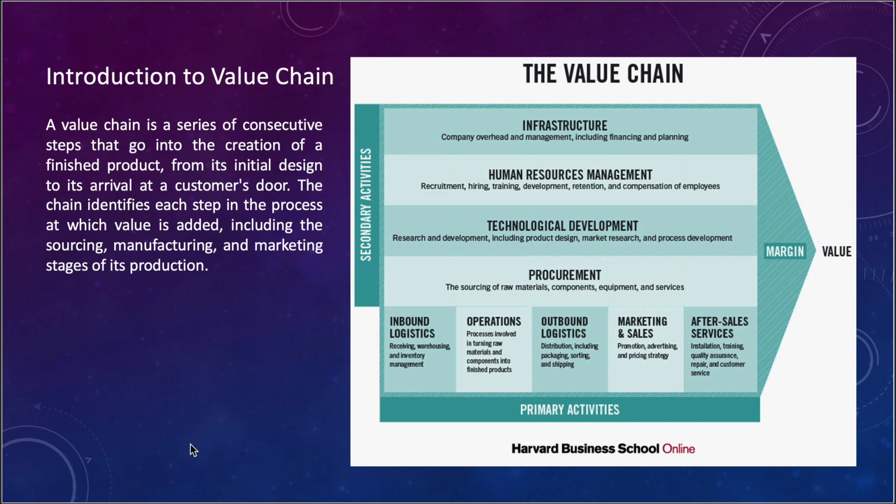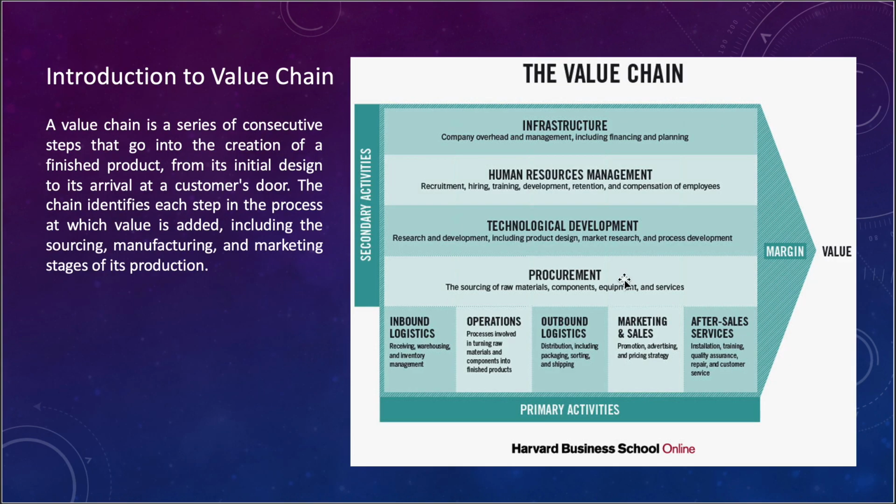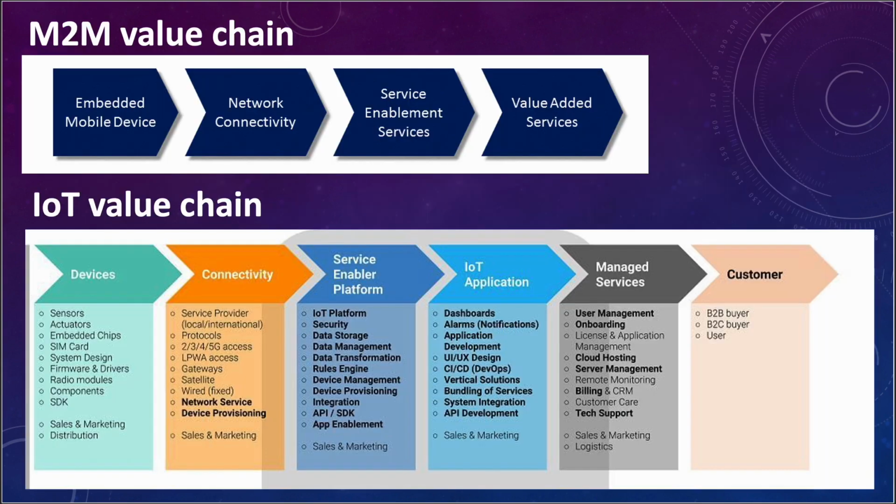One of the things that you have to understand is you can create a value chain for sensors itself. To develop sensors, to manufacture sensors, you can have a value chain, and also you can have an entire value chain for IoT as a service.